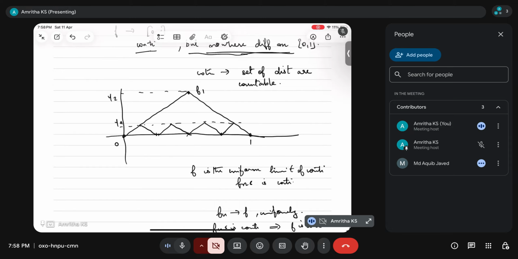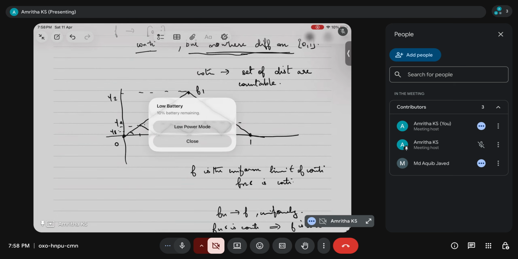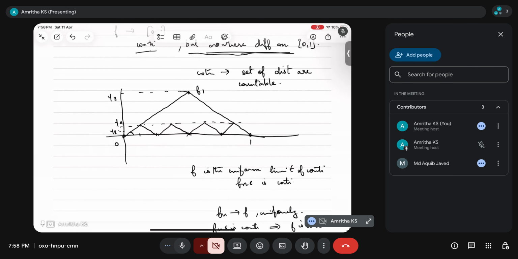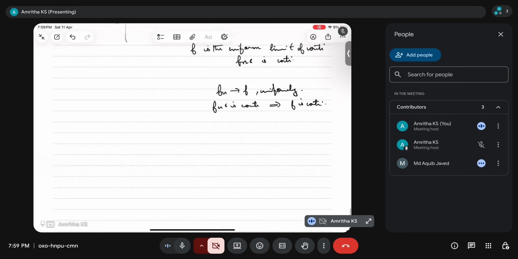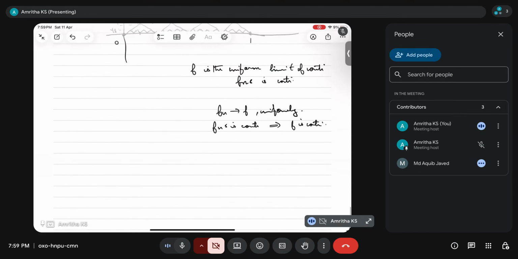Then take 1 by 8 and again draw peaks like this. So these are our f_m. This is our f naught.